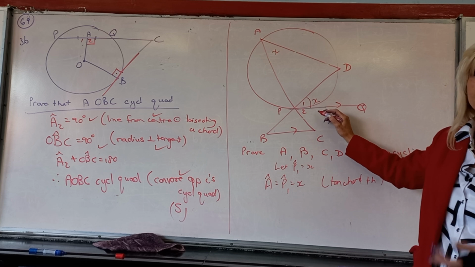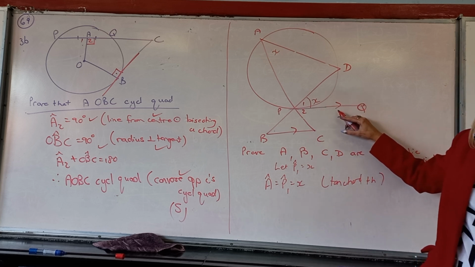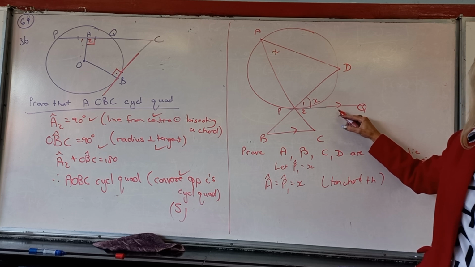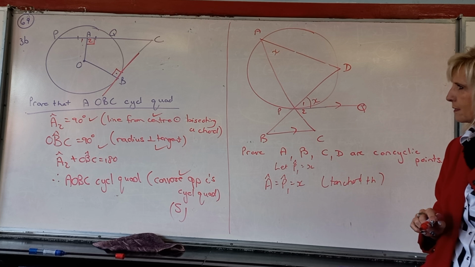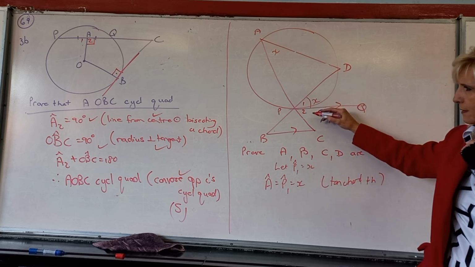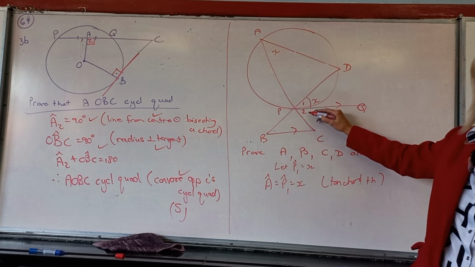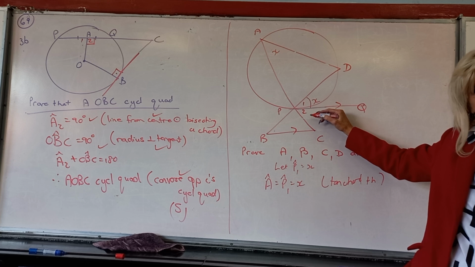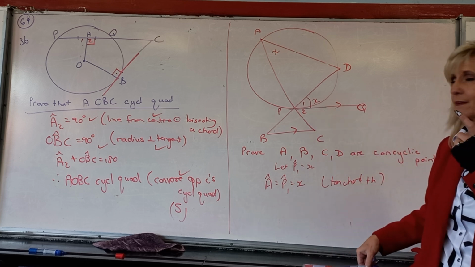Alright, so what else? What else has been given? Parallel lines for no reason. There will be a reason why it's given. Which ones are alternate? C and P2. P2 and C. Okay, but what's P2's value? That's the problem. Okay, just check carefully.